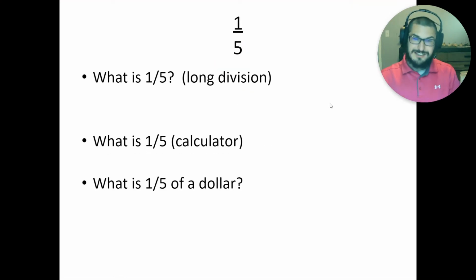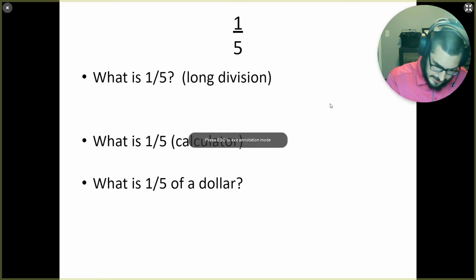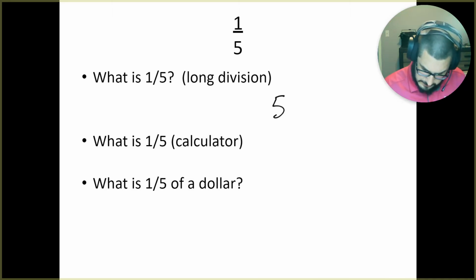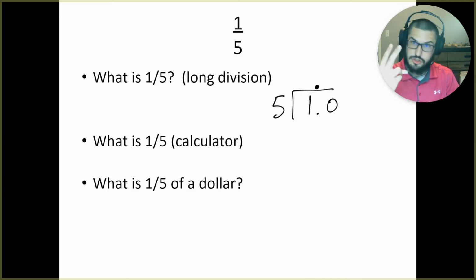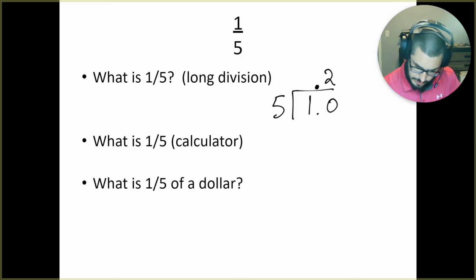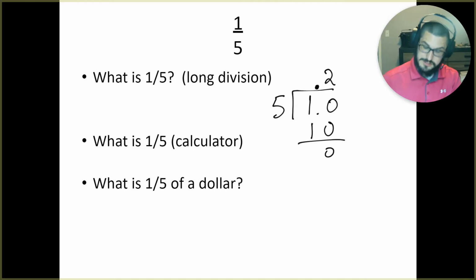Then if we're looking at a fifth, 1/5, by long division, we're going to do 5 and 1. Can't do that, so add a 0. Bring up that decimal so that we know its place. 5 can go into 10 twice. So then 2 times 5, that's going to give us 10, 0 remainder.